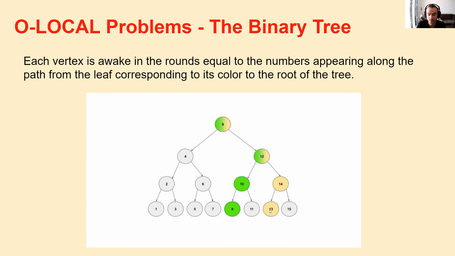in the leaves, if my color is 13, for example, all my parents must appear before me to the left side of the tree. So we must have some shared number at which we are awake.